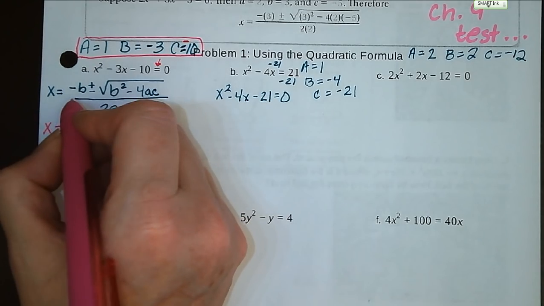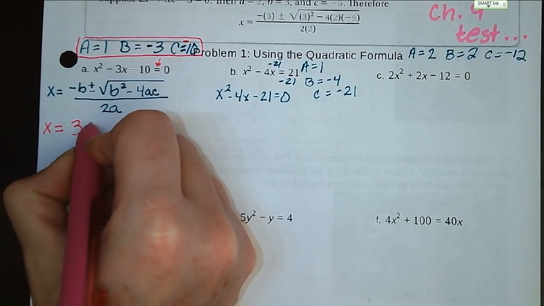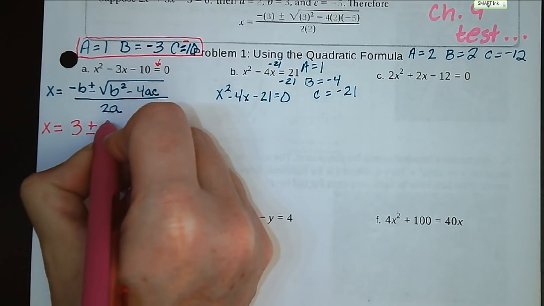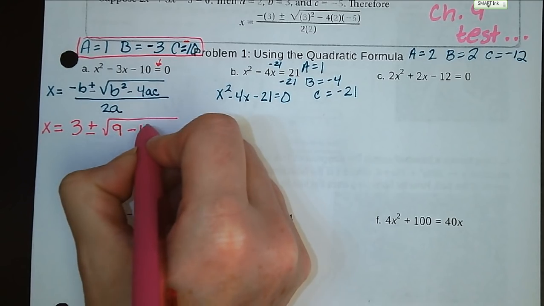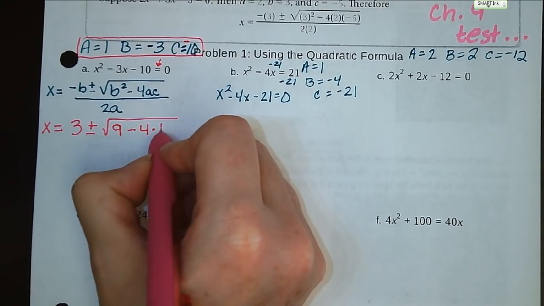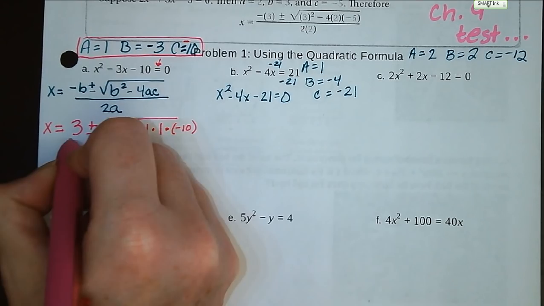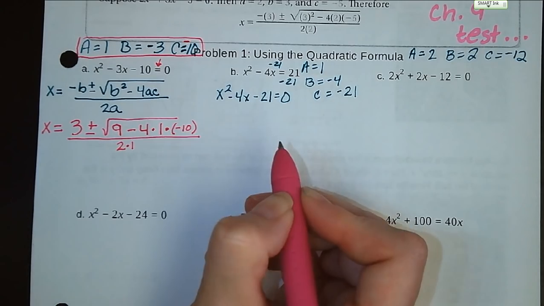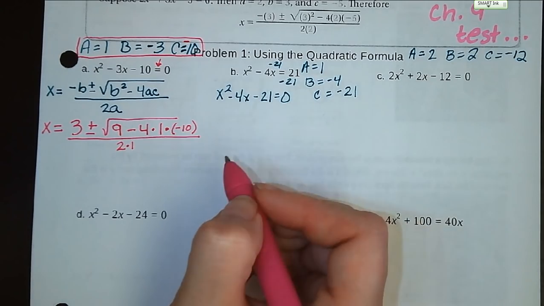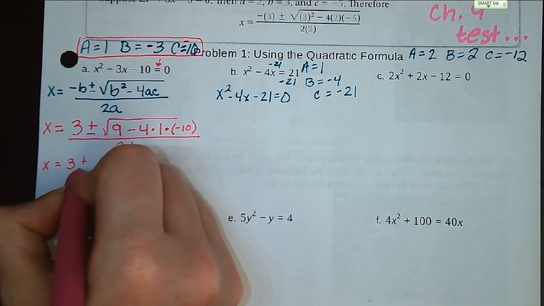So she needs to substitute the pieces of information in. The opposite of b is positive 3, plus or minus the square root of negative 3 squared, which is 9, minus 4 times 1 times negative 10, divided by 2 times 1. Negative 4 times 1 times negative 10 is positive 40.